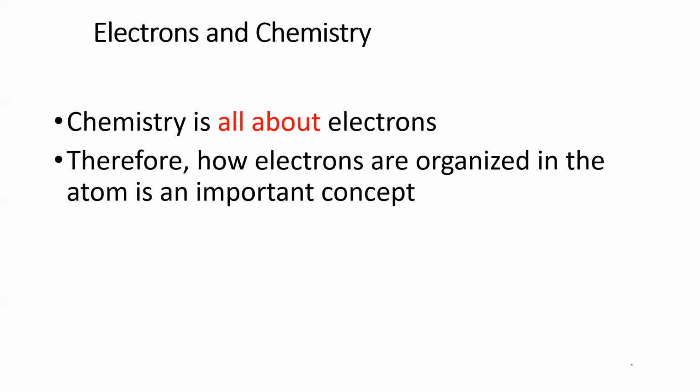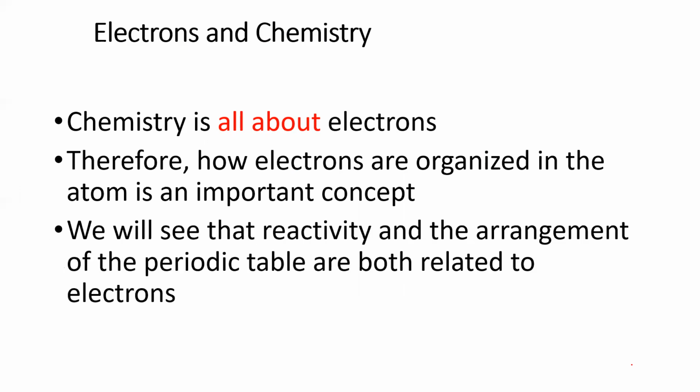So the way electrons are organized in the atom is really important because it's going to tell us certain properties, both physical and chemical, based on these electrons and where they're located in their valence shell. We'll see that the reactivity and the arrangement of the periodic table is related to electrons in future videos. But this video is focusing on light.